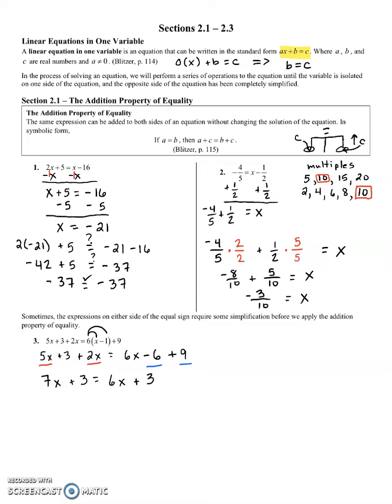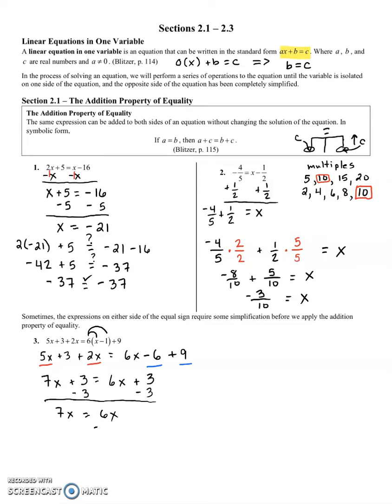So now we subtract the 3 from both sides of the equation. And when we do that, the 3's on both sides of the equation cancel out and leave us with 7x equals 6x.